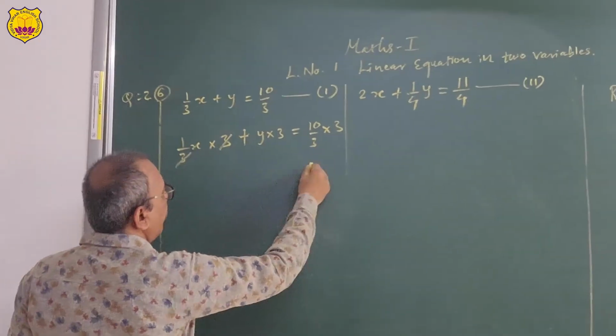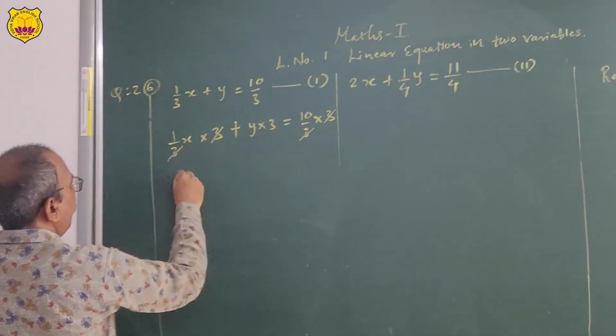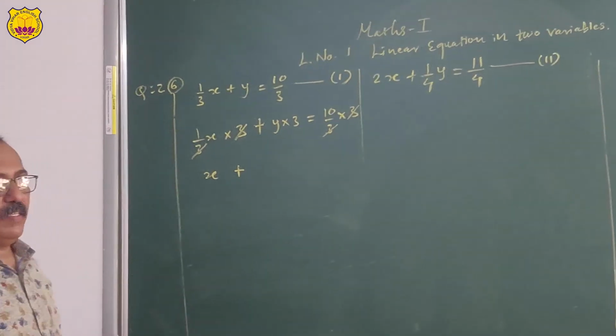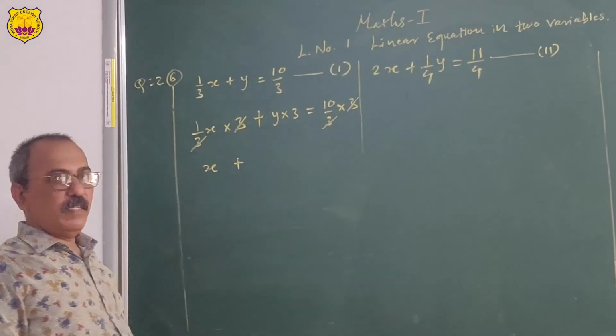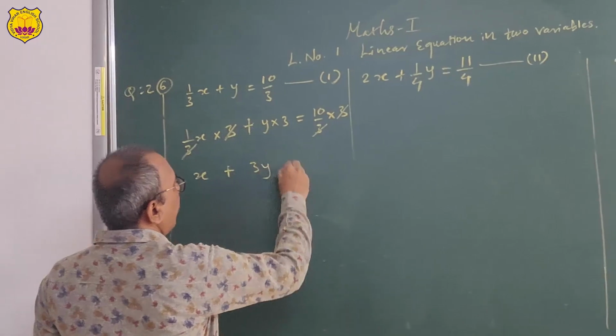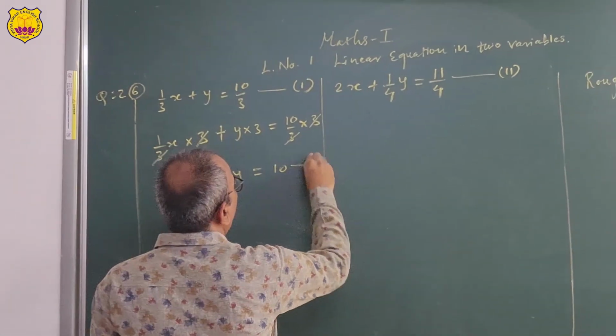Here 3 will get cancelled, and we will get 1 into x, 1x, or you can say x, plus 3 into y will be 3y, and here 10. This is the third equation.